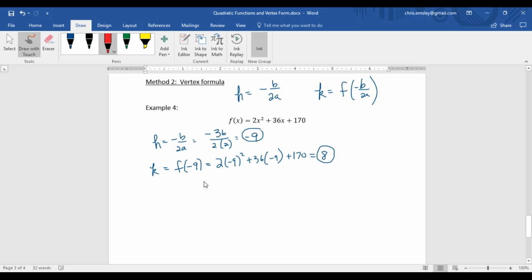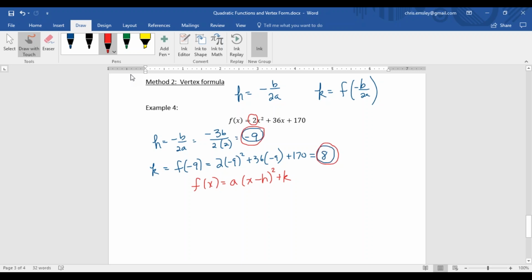So the formula for vertex form looks like this. I had it at the beginning of the video, but I'm just going to copy it down again. a times x minus h squared plus k. A is always going to be the coefficient of your x squared term. H is the x-coordinate of your vertex, and k is the y-coordinate of your vertex.